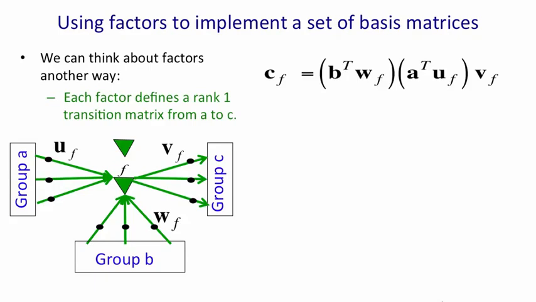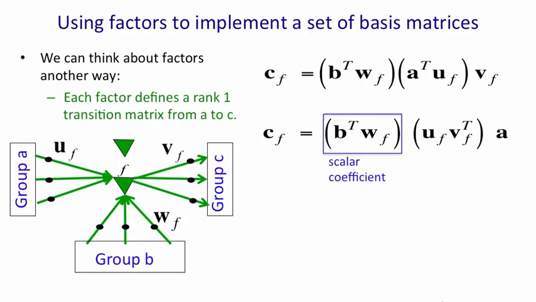We can rearrange that equation so that we get one scalar product, and then we rearrange the last bit so that now we take the outer product of the weight vector u and the weight vector v, and that gives us a matrix. The scalar product that we computed by multiplying b by w is just a coefficient on that matrix.